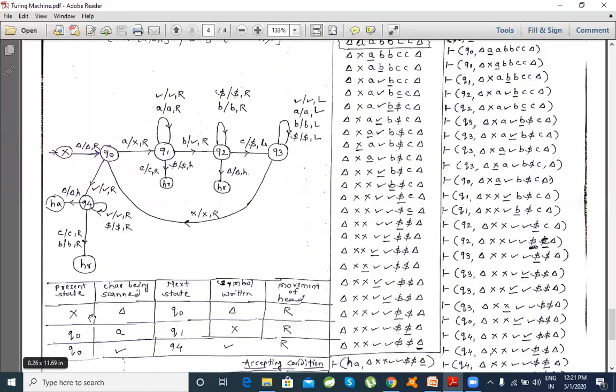The table represents the same information as your state diagram, and vice versa: given this table, I can convert it back to a state diagram. All moves you see on the transition table, a single move of your machine, will be available in the table and vice versa.